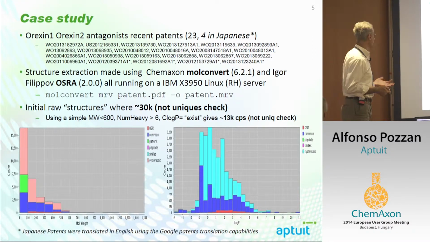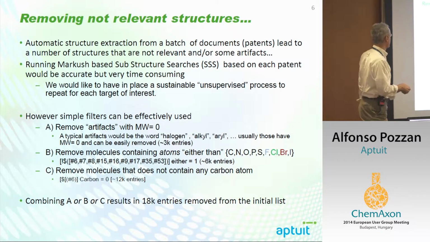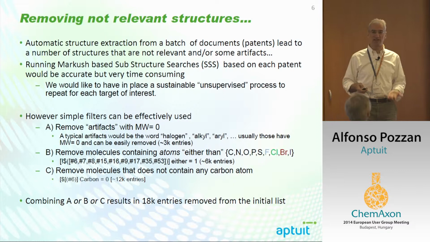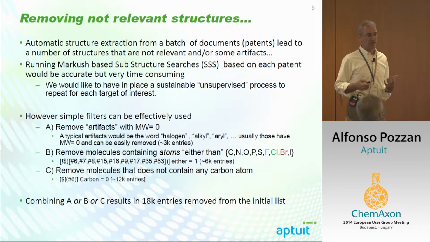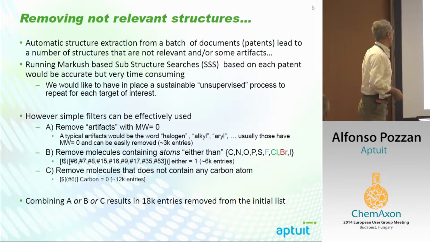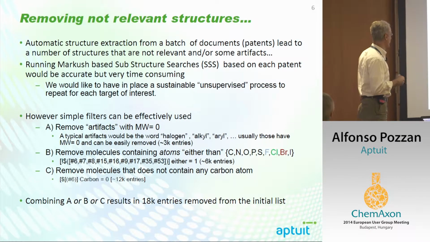So usually the common approach would be to run Markush-based substructure searches into those databases and extract just the relevant structures. But we wanted to put in place a process that was sustainable, unsupervised, and automatable.